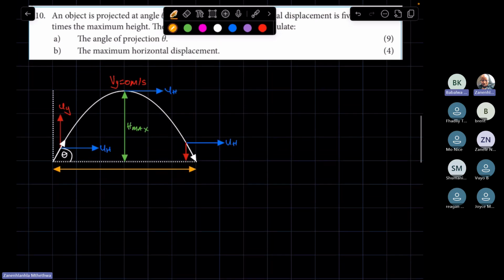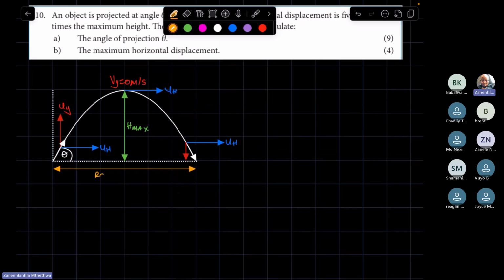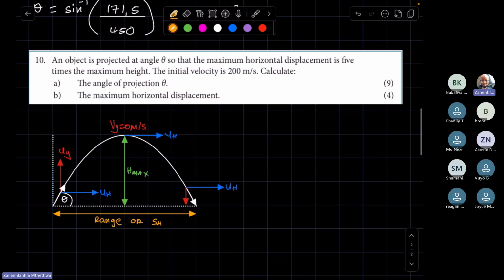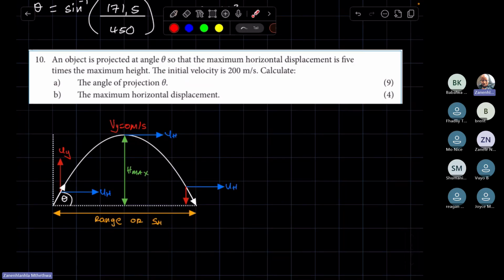Right, and then here we have the range, or displacement along the horizontal plane. An object is projected at an angle theta so that the maximum horizontal displacement SH is 5 times the maximum height.